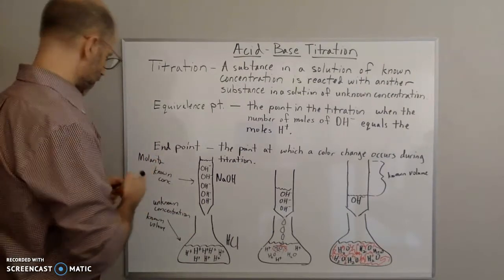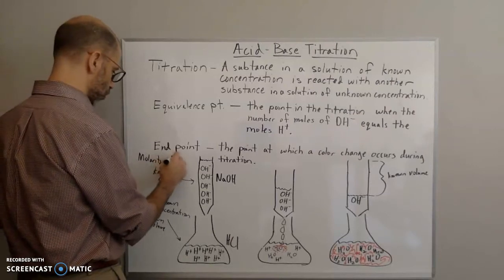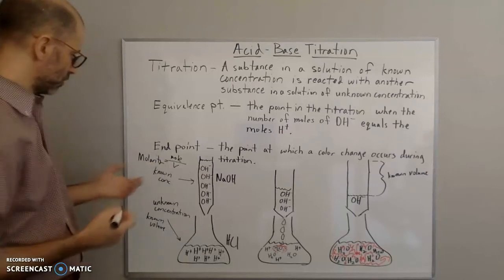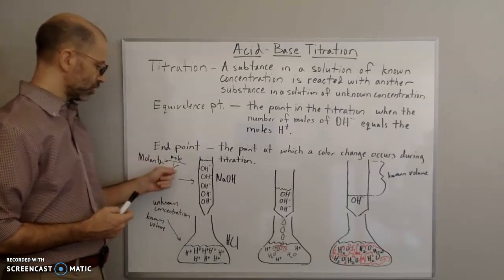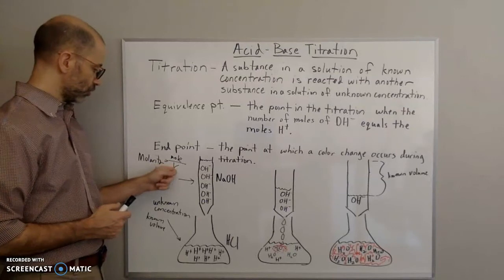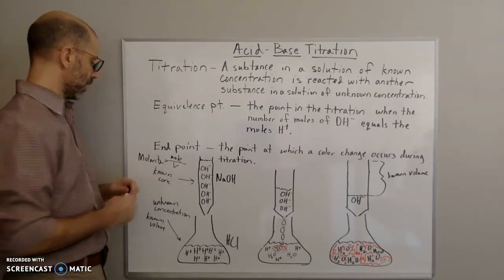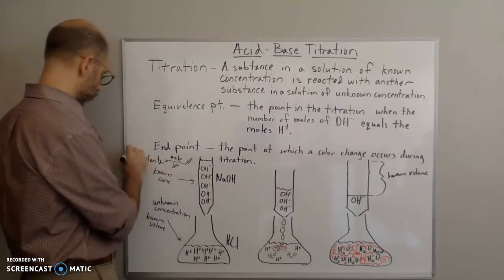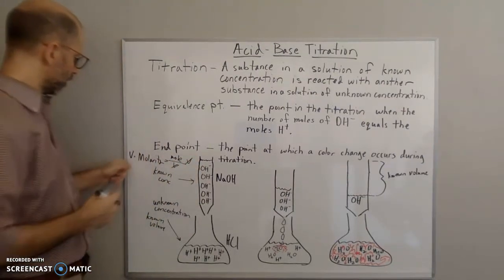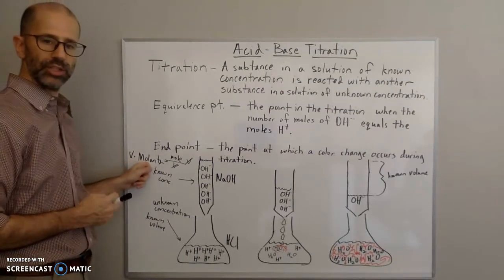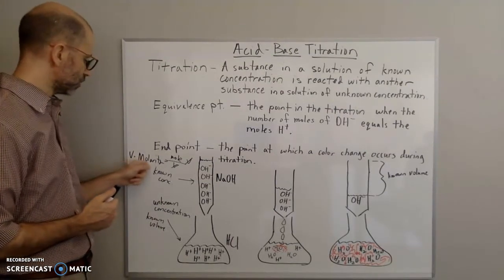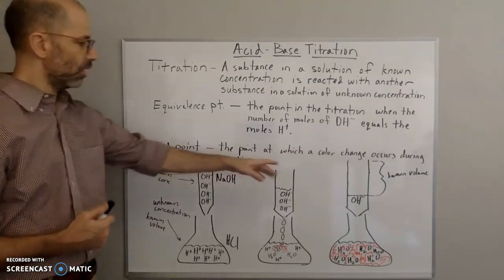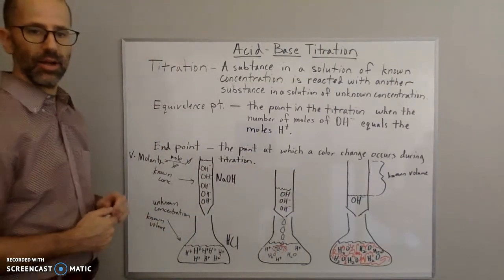And if I know that molarity is moles over volume in liters, then I can use the volume in liters, and if I multiply both sides by volume, then volume in liters times concentration in molarity will give me the number of moles of my base that I added.